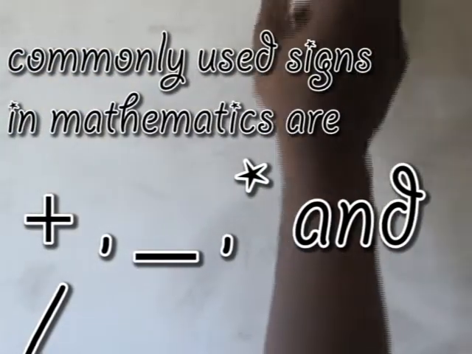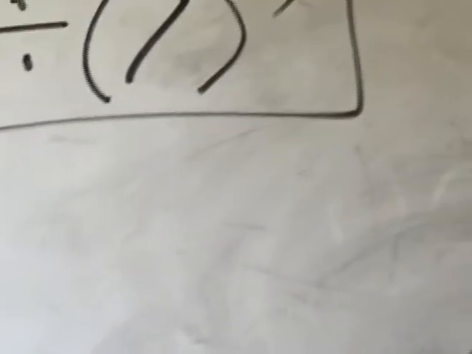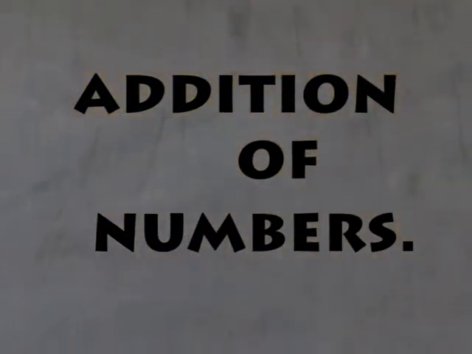So, if you know these 4 symbols, then you may not have any problem with mathematics. Addition of numbers is the easiest thing in mathematics.